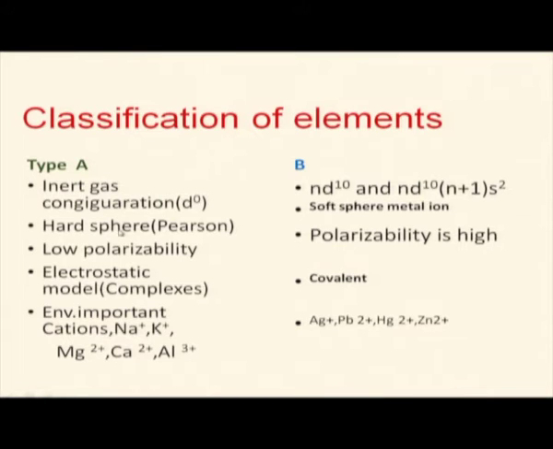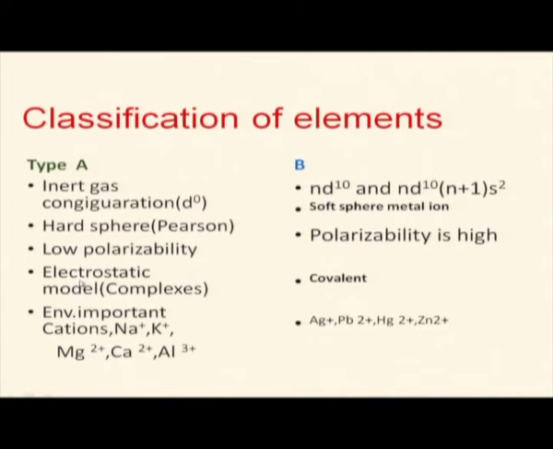Type A metals, as per the scientist Pearson's classification, are considered hard sphere elements, whereas type B metals are considered soft metals. If you look at the polarizability of these elements, type A have very low polarizability, on the other hand type B have very high polarizability, and type A usually form electrostatic complexes.